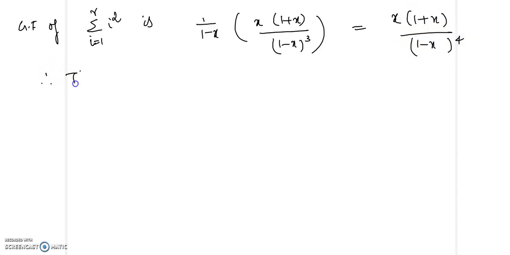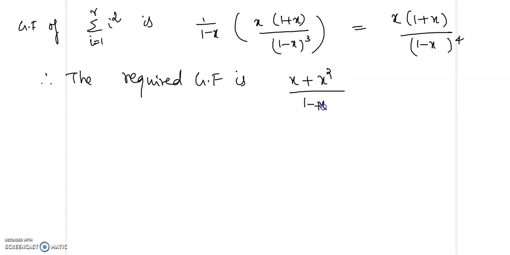So therefore the required generating function is x plus x square by 1 minus x whole raised to 4.